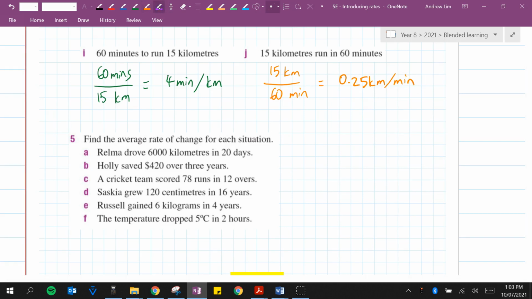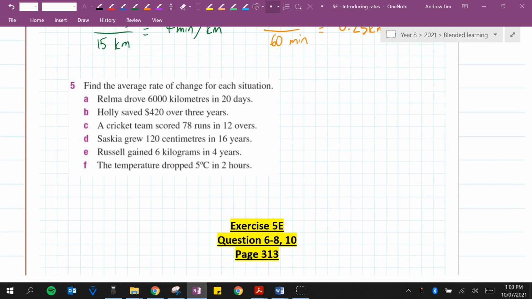Question 5. I am just going to write the answers. I'm not going to show my working for this. Find the average rate of change for each situation. 6,000 kilometers in 20 days. 6,000 divided by 20 is 600 divided by 2, which is 300 kilometers per day.